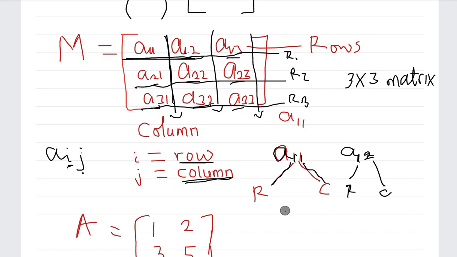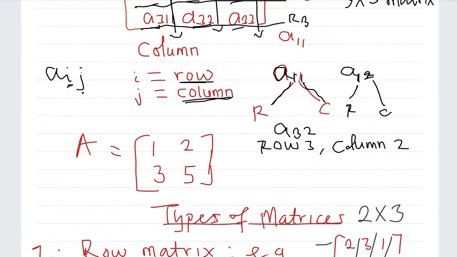What will be A32? A32 means this element belongs to row 3, column 2. Are you seeing that now? So that is another thing that you need to know.